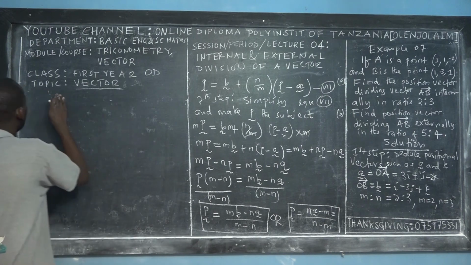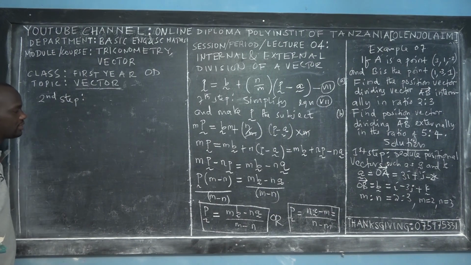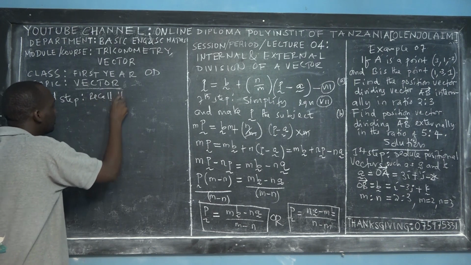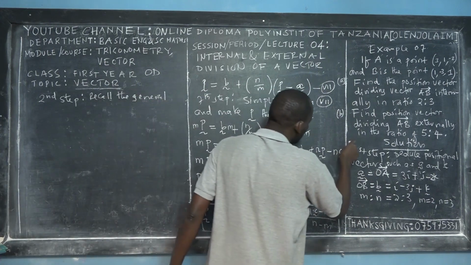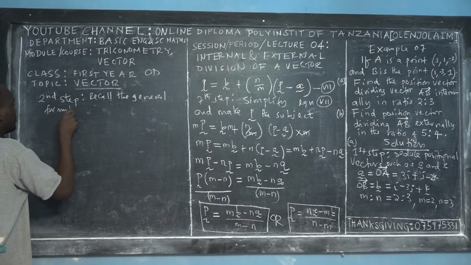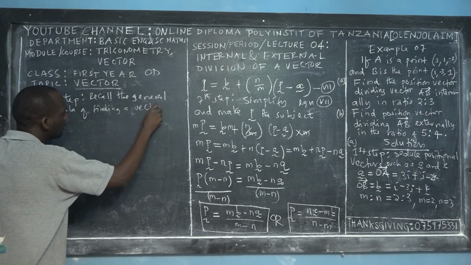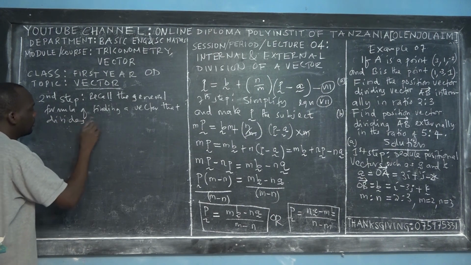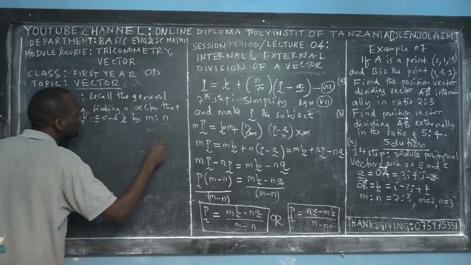So you go for the second step. The second step now, we recall the general formula. Remember here we are solving for part A. The general formula of finding the vector that divides vectors A and B by ratio m to n.